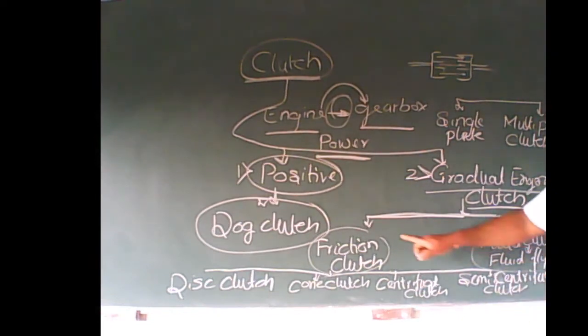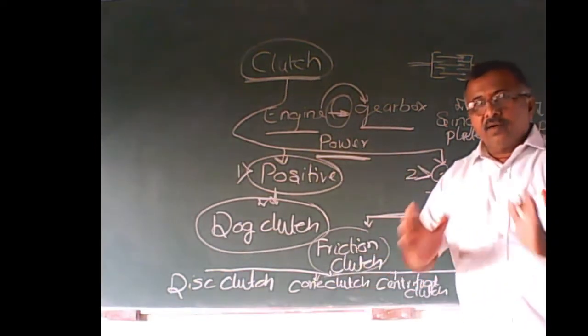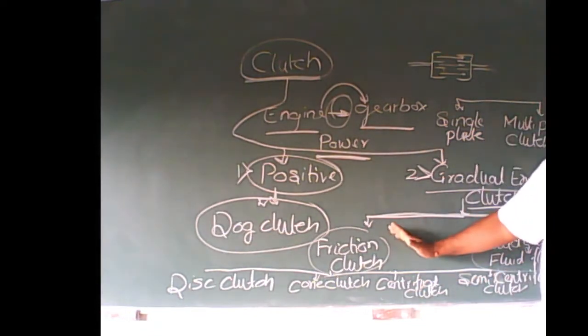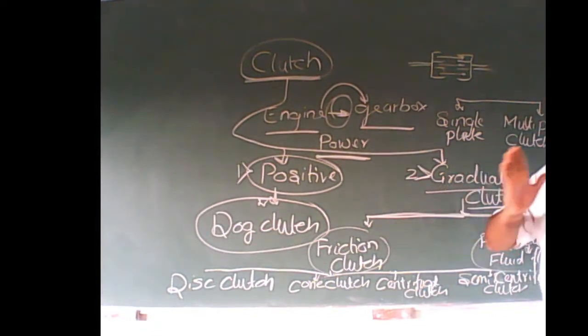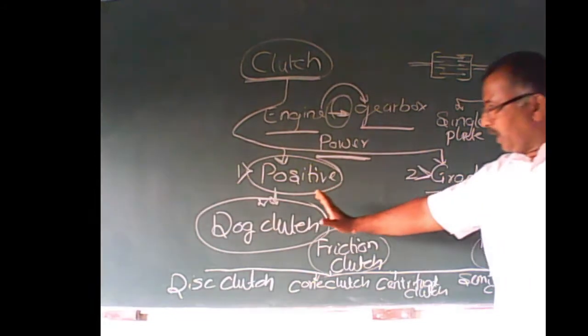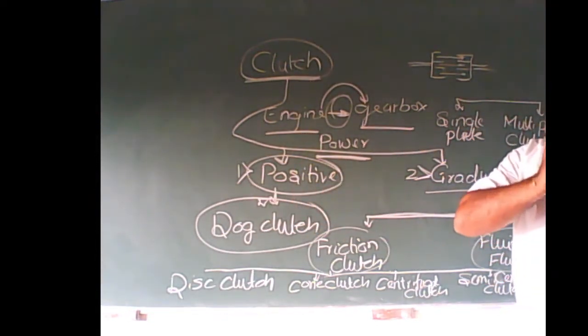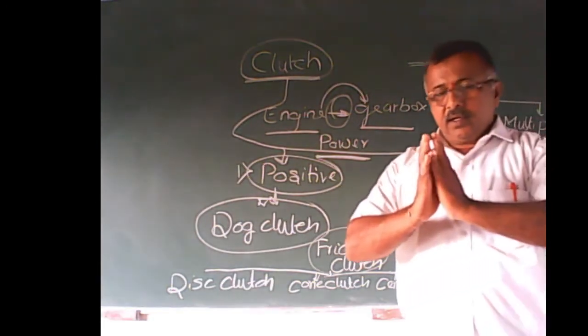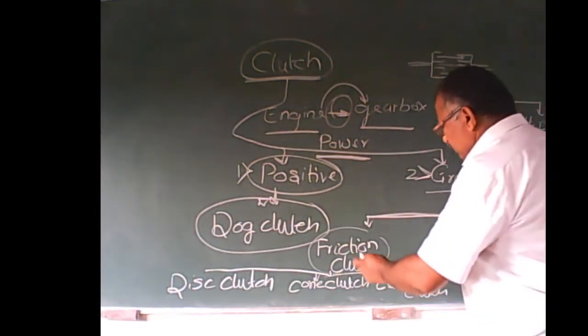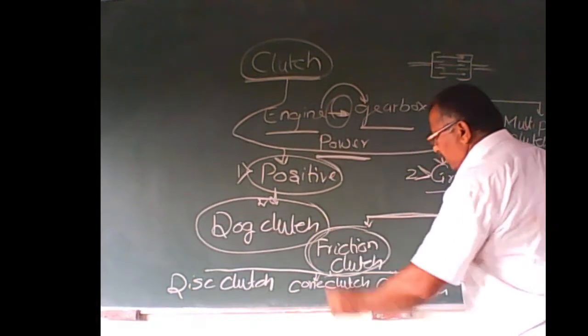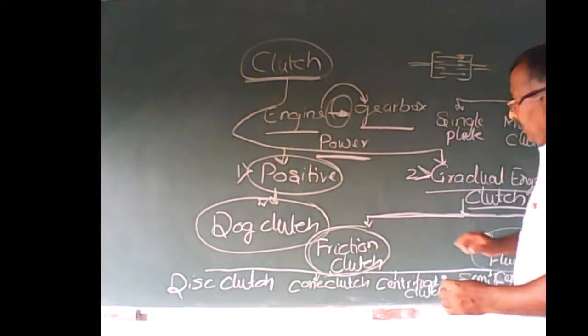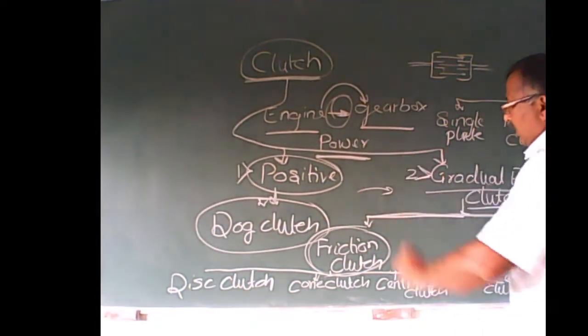Friction clutch works on the friction of two discs. The engagement takes place between a drive wheel and a stationary wheel. When the drive wheel comes into contact with the driven stationary wheel, it transmits the motion to the stationary wheel.